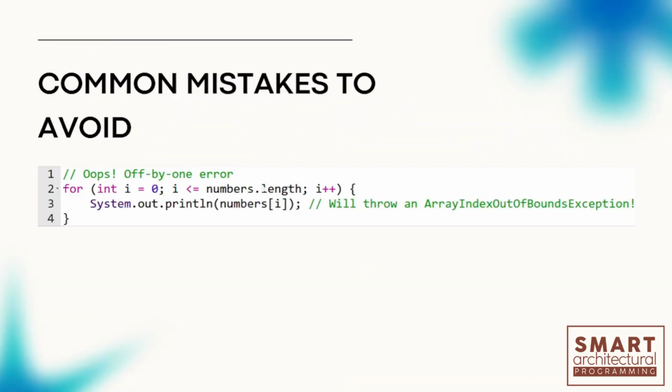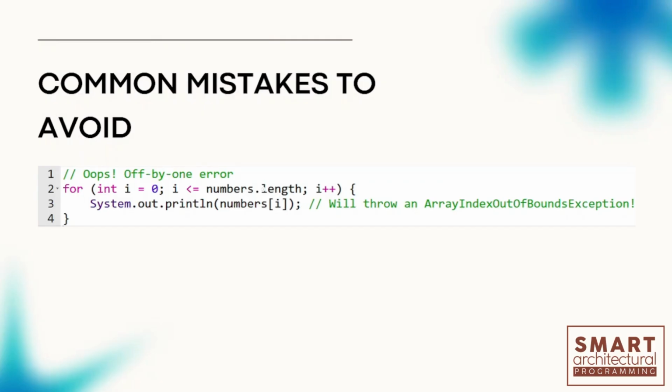Then we need to understand one of the most common mistakes that beginners make when they're iterating over arrays in Java. If you look at the screen right now, numbers.length - 1 is the last index. Going over it, Java will crash your party with an exception.